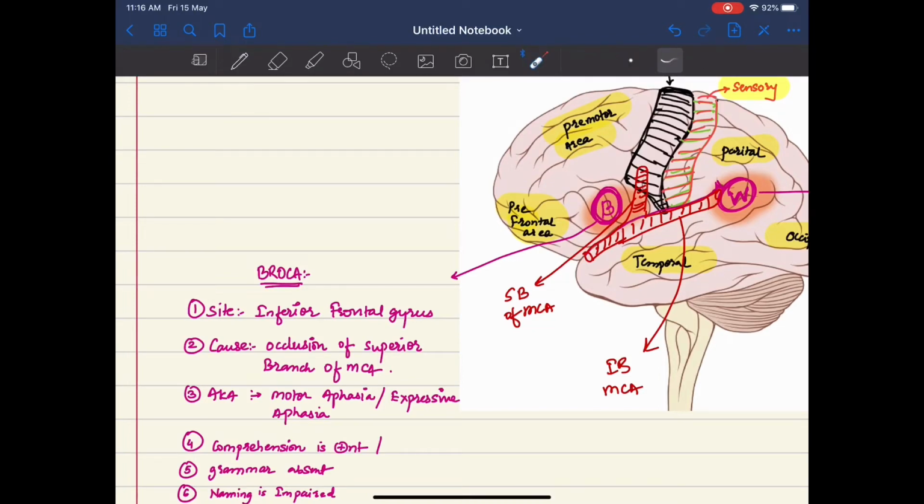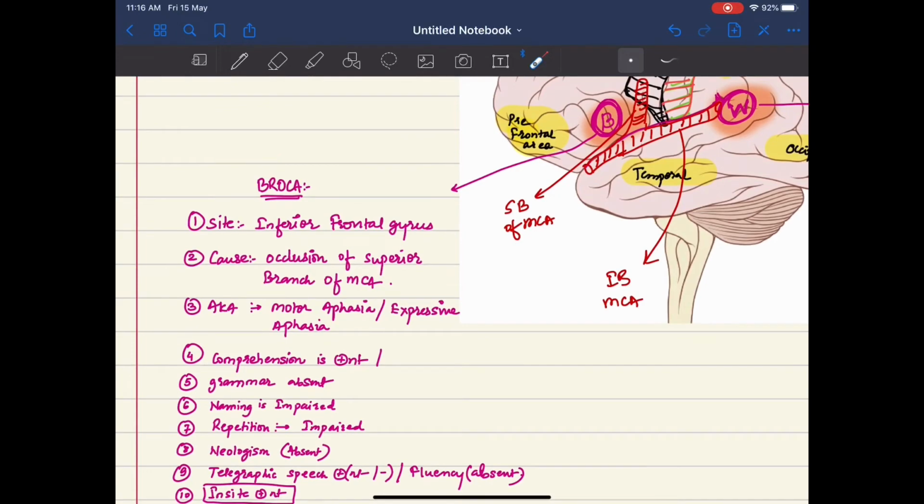If someone asks you what is the cause of occlusion of the superior branch of MCA, tell them, yes, most common is thrombotic or embolic, which can give rise to occlusion of this artery. And whenever the superior branch is occluded, most likely Broca's will get affected. So that is important. For Broca's area, which artery is important?